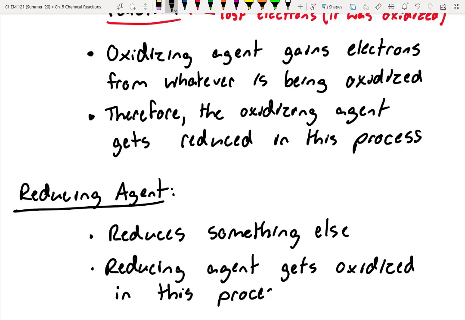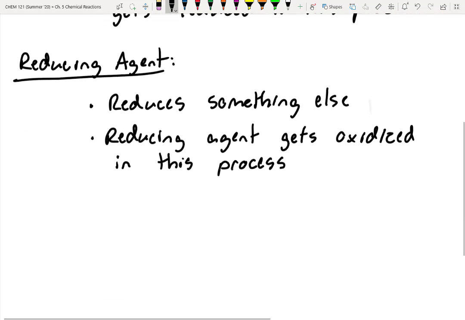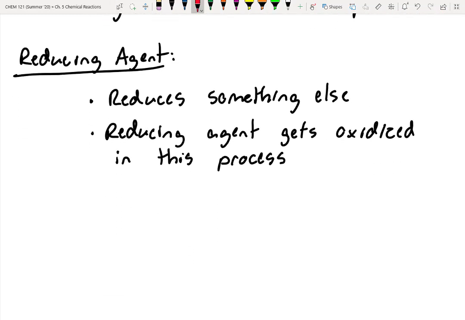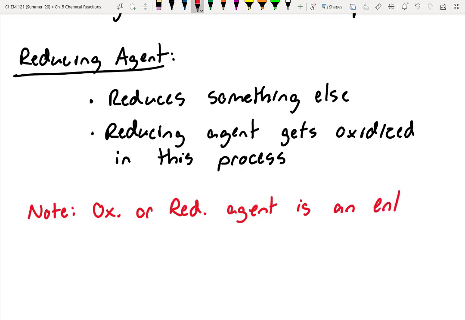All right, I did want to also really drill in one important thing. An oxidizing or reducing agent is an entire reactant, not just an atom.